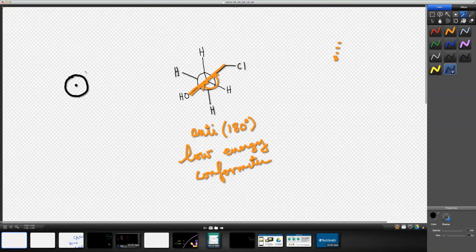Here's my back carbon. I'm going to hold the front carbon steady and then slowly rotate the back carbon. Again, this can sometimes be difficult to render on the screencast because it really requires a lot of precision. But the more you work at this, the better you'll be able to draw these artistically.